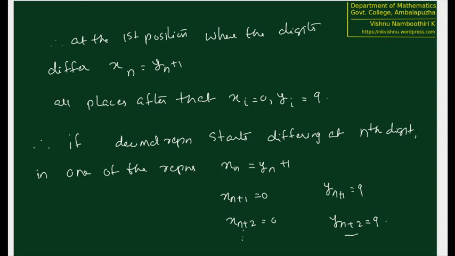So how do the different representations actually look like? It is going to be x1, x2, x3, etc., xn.